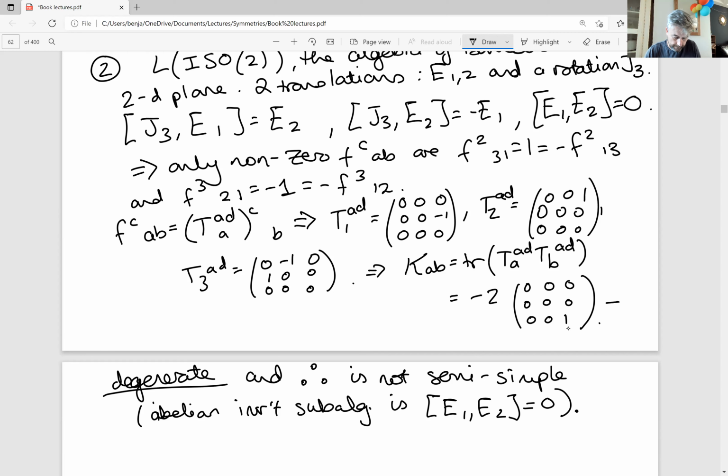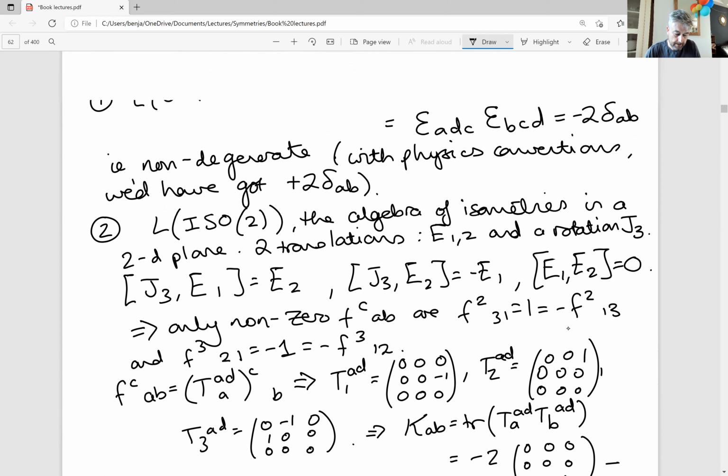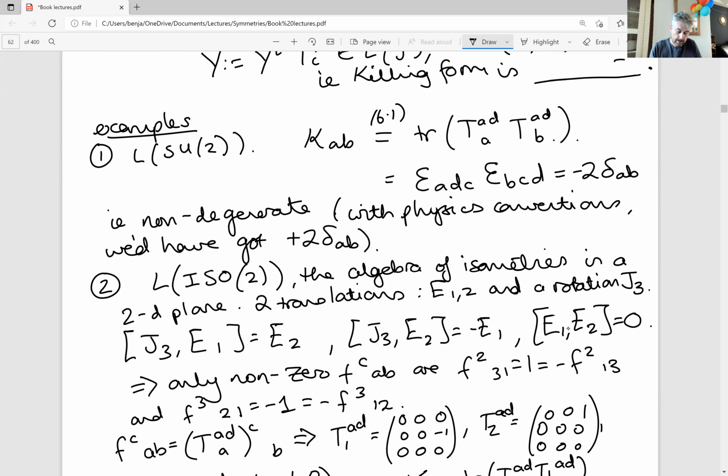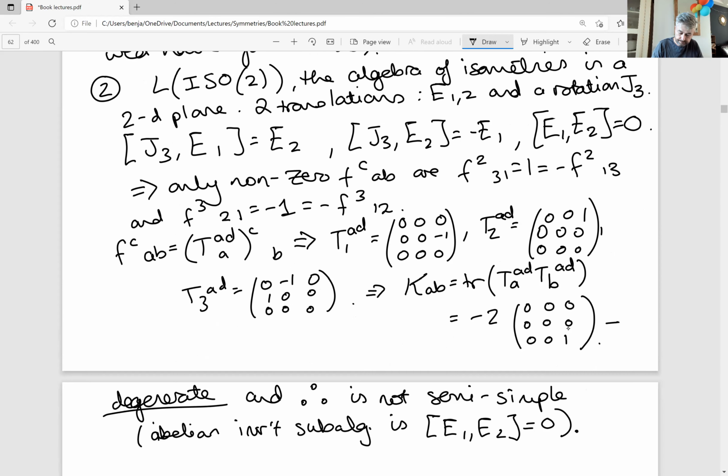So if we look at this first example, here we've got a Killing form metric which is proportional to the Kronecker delta in the particular basis that we took. And any case which is like that is called an adapted basis.